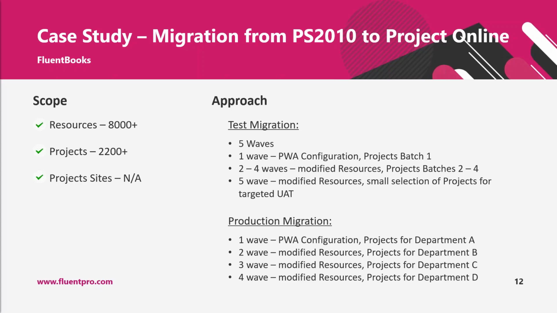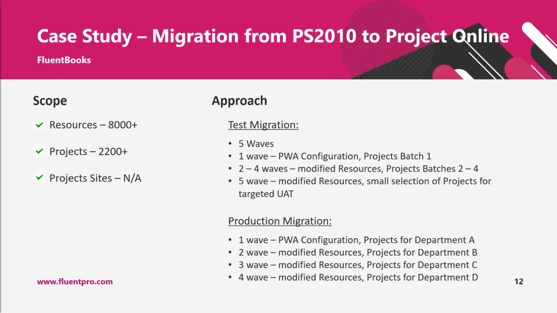After the test migration was done, we performed the production migration in a bit different way than the test migration. All projects were split by departments, by 4 departments. During the first wave, we migrated all PWA configuration with resources, with settings, with everything, and projects that belong to Department A. This migration was done within the first wave.